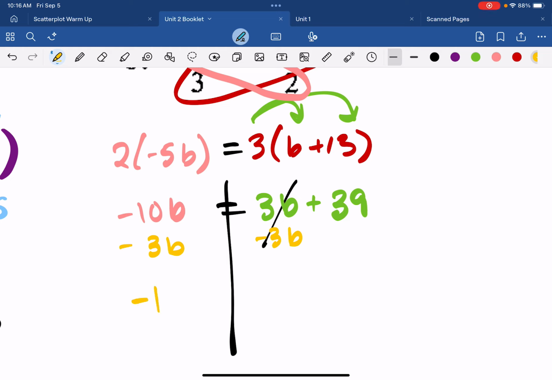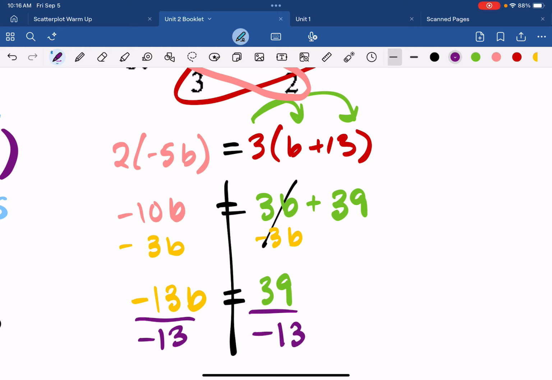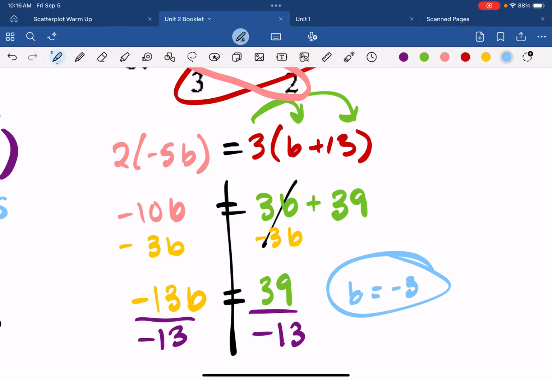So I'm left with negative 13b equals 39. Then I'll divide both sides by negative 13. 39 divided by negative 13 gives me negative 3. So b equals negative 3. Okay?